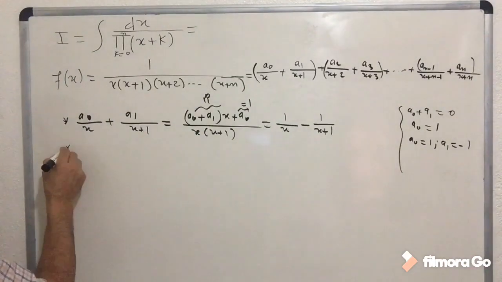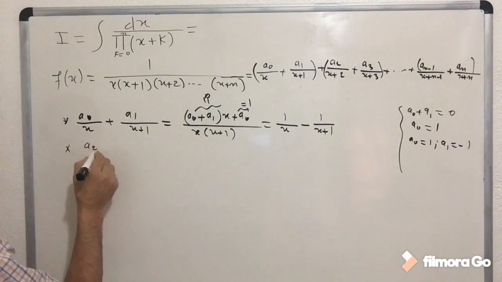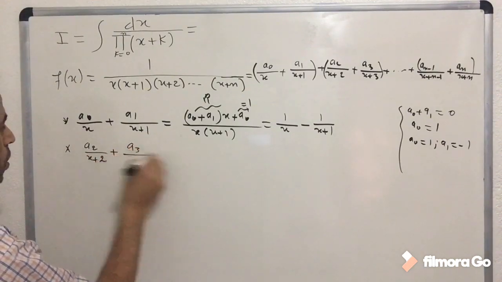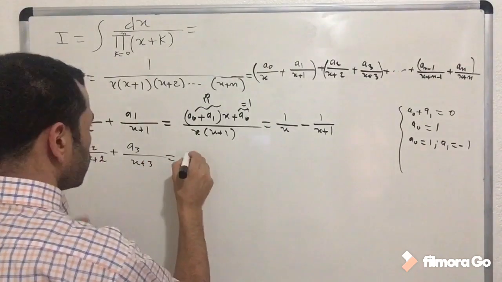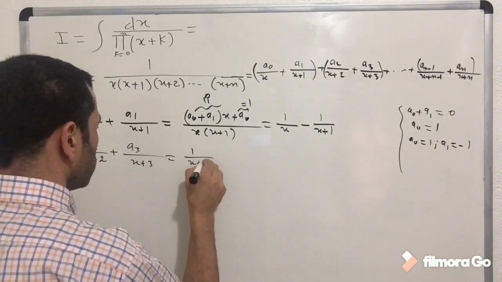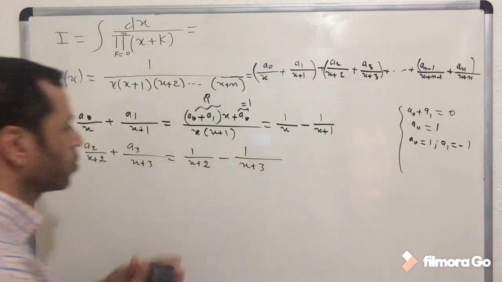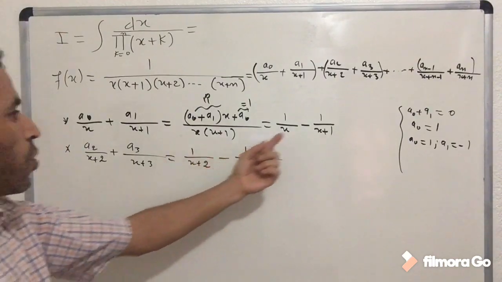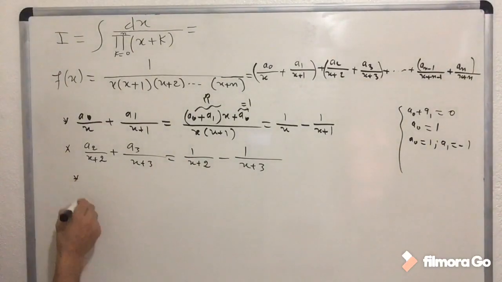Let's go to the second term, which is a2 over x plus 2 plus a3 over x plus 3. You will find the same thing: 1 over x plus 2 minus 1 over x plus 3. If you multiply the product of x plus 2 and x plus 3, they give you the number 1 on the top. Okay, so let's go to the last two terms.